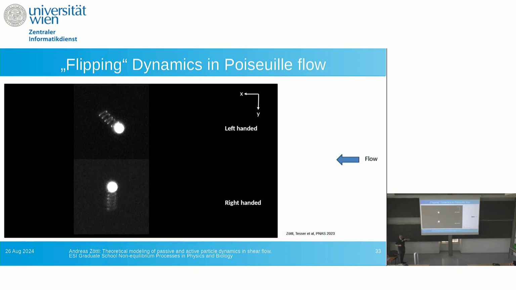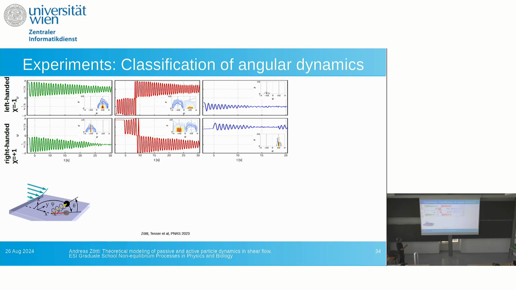I don't know if you noticed that. You can quantify it here. If you look at the oscillation of the in-plane angle psi, and you have a left-handed particle, it will increase its amplitude, and then it will flip from the negative psi to the positive psi. So the head points to the negative, and then at a certain point to the positive.